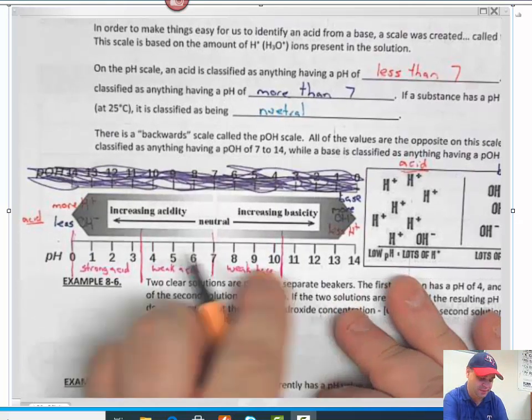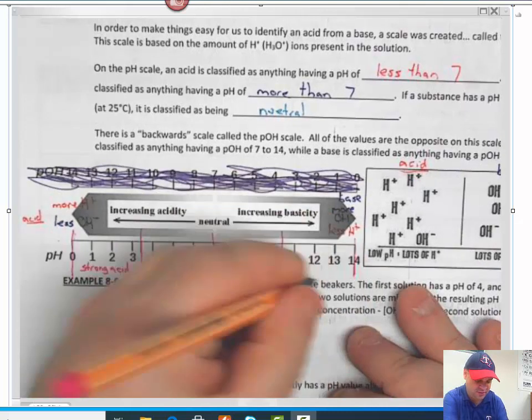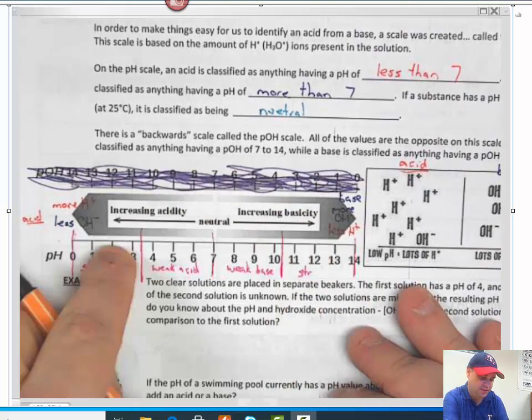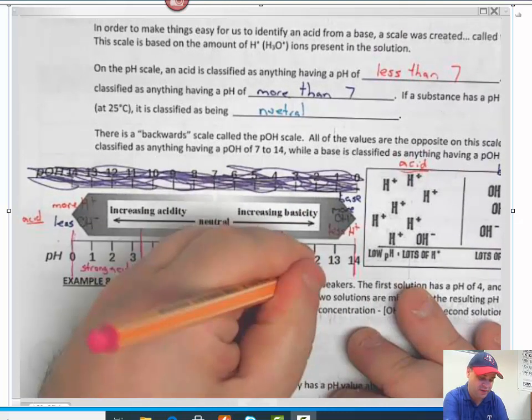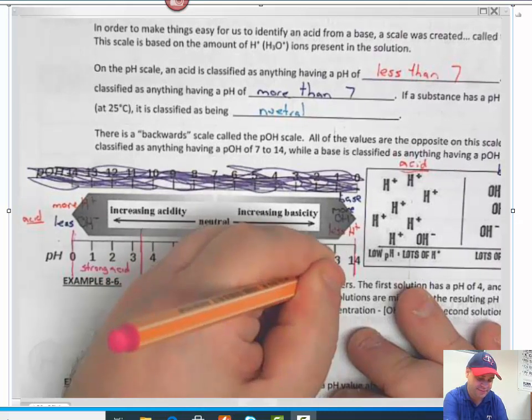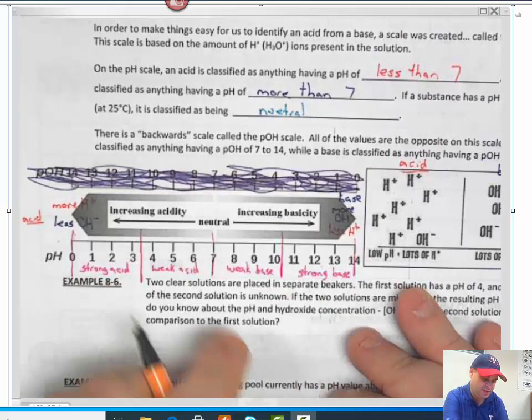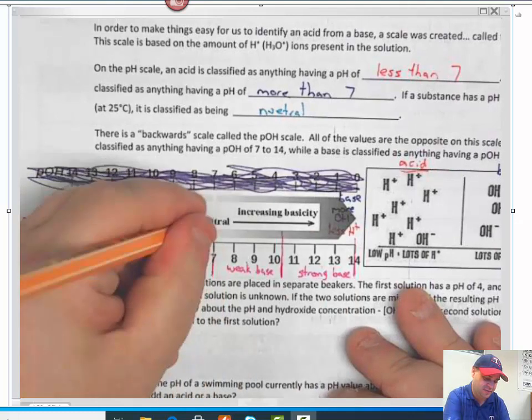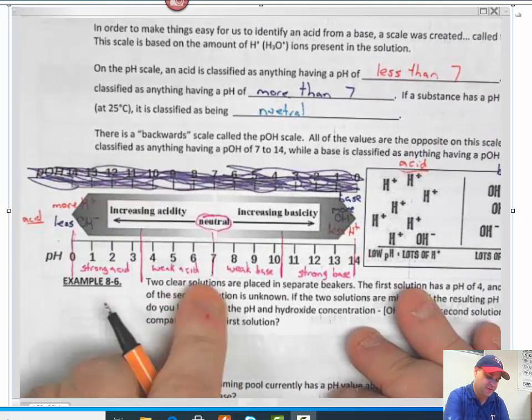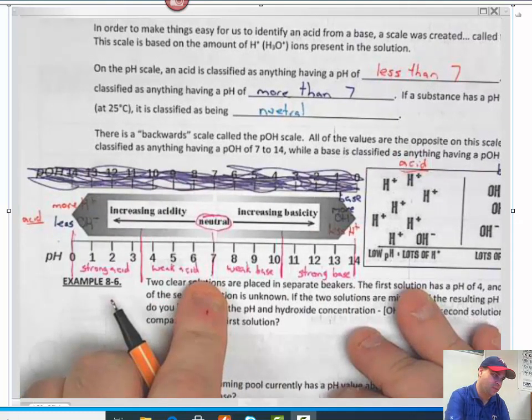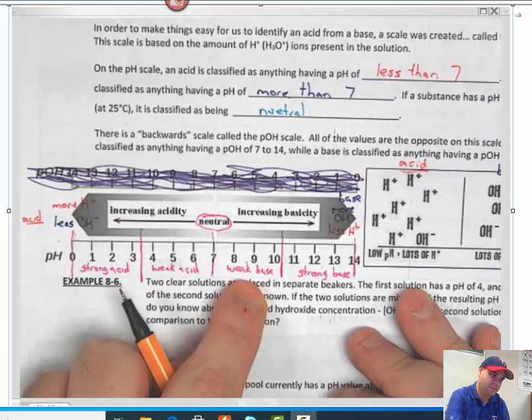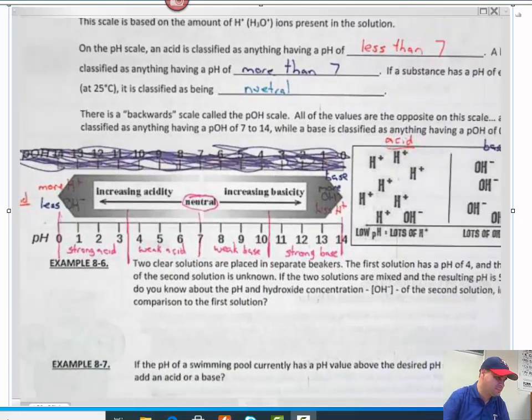And then 10.5 to 14, those would be the strong bases. You can move these ranges depending on how you want to define the numbers. And then pH 7, that's the neutral. So the closer you get to the pH of 7, the weaker the acid or base is, depending on which side it is.